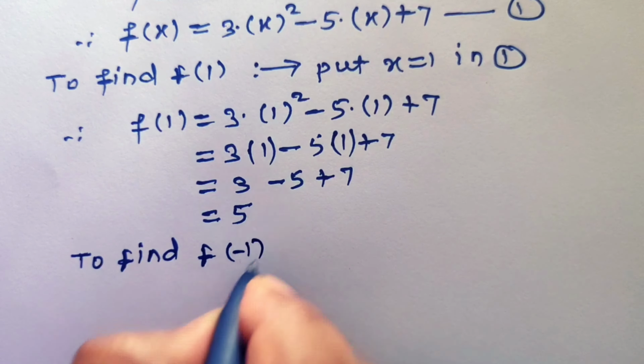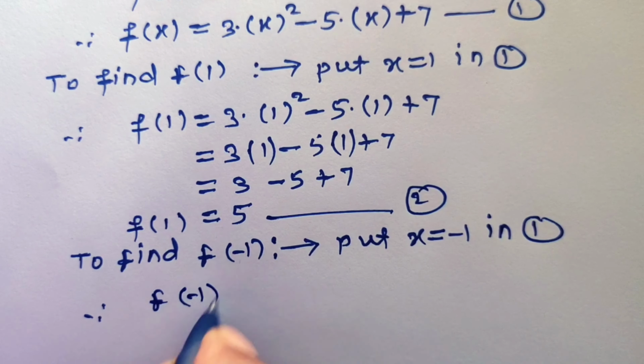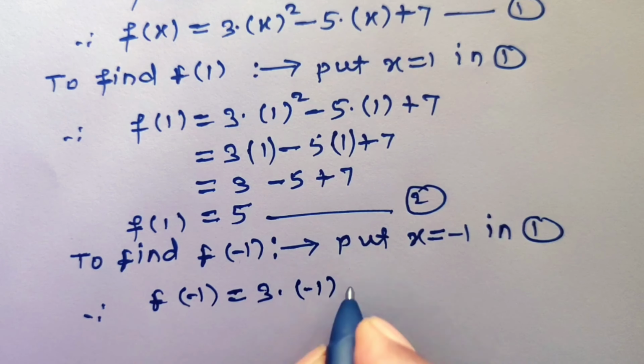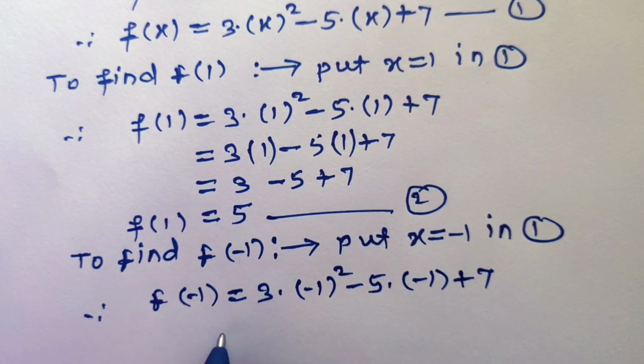Now let us find f of minus 1. So to find f of minus 1, replace x by minus 1 in equation number 1 and write the equation. Hence, f of minus 1 is equal to 3 into (minus 1) its square minus 5 into (minus 1) plus 7.